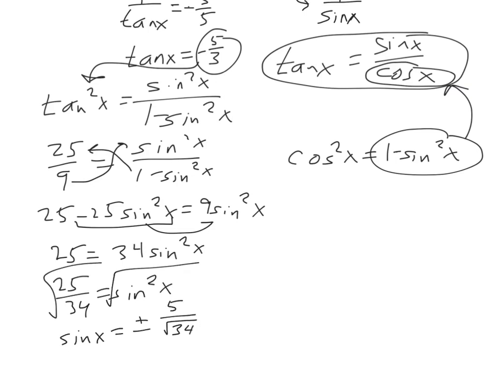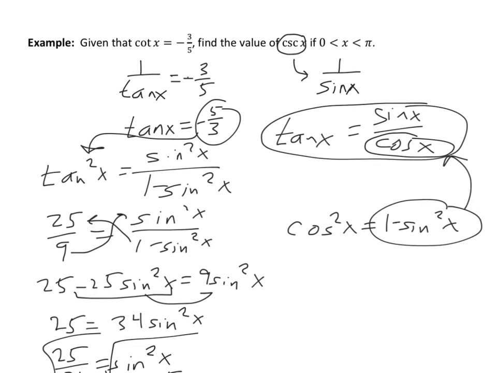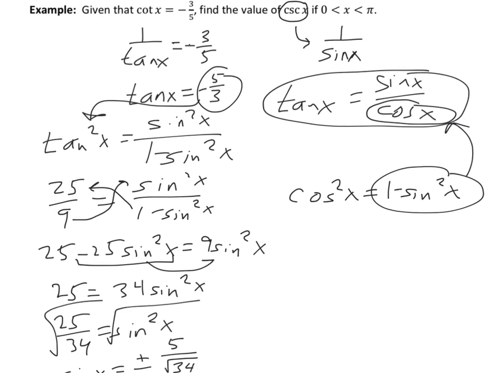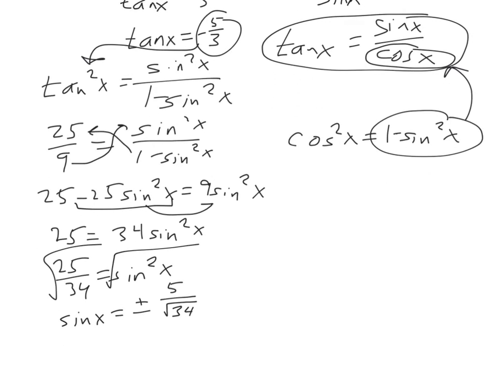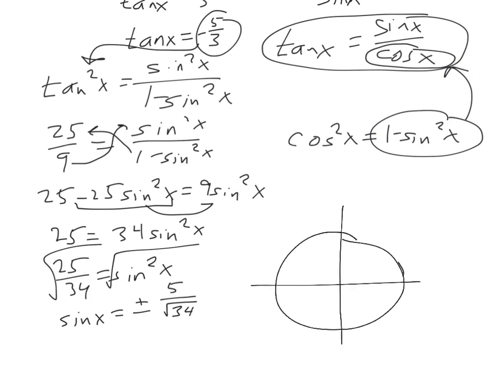And the last thing I need to do is look at my interval. My interval was between 0 and pi, and we were given that cotangent was negative. So between 0 and pi, I'm looking up here, in both of these quadrants, sine has to be positive.